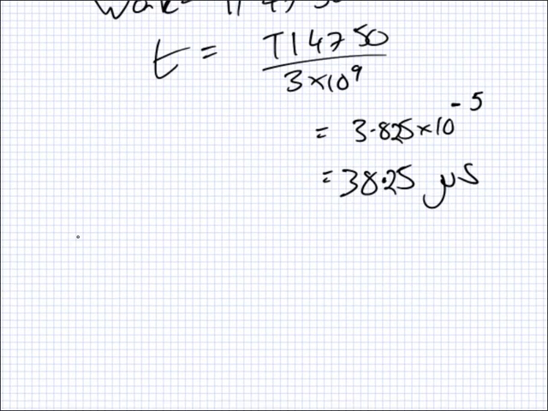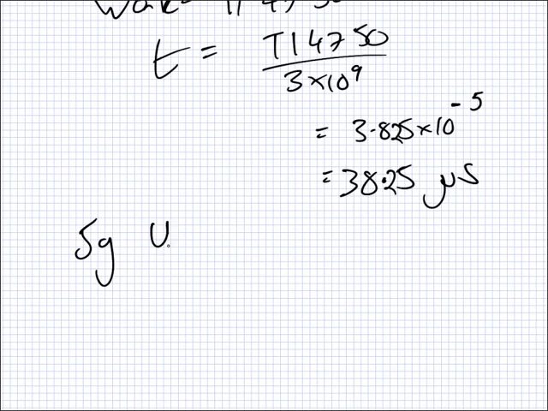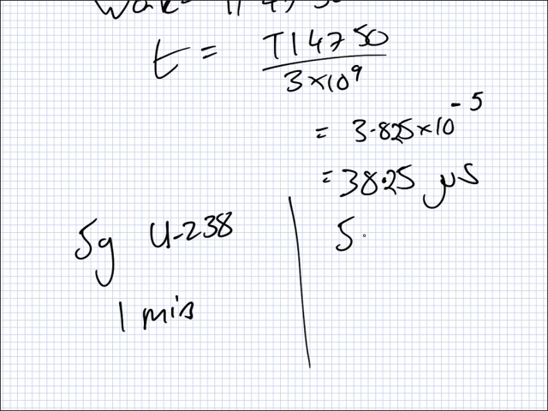So, 5 grams of uranium-238 will give you 1 minute of power. 5 grams of oil will give you 38 microseconds.